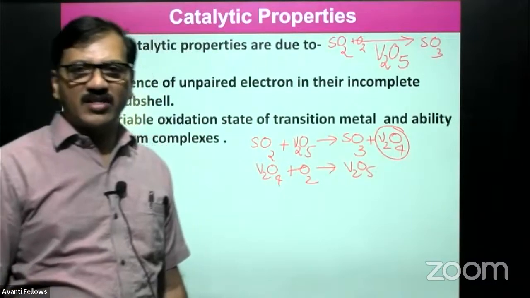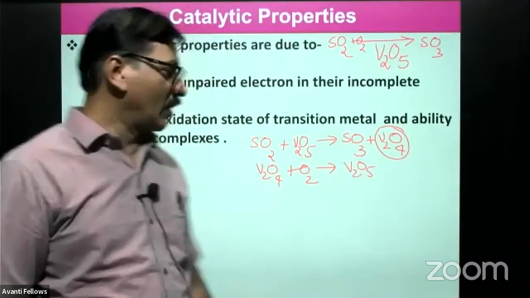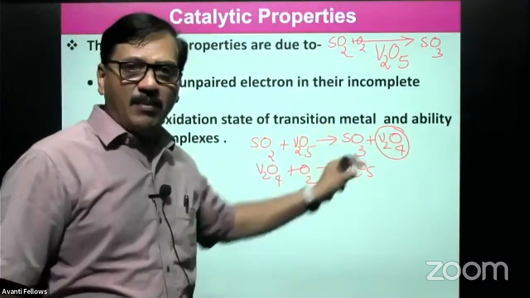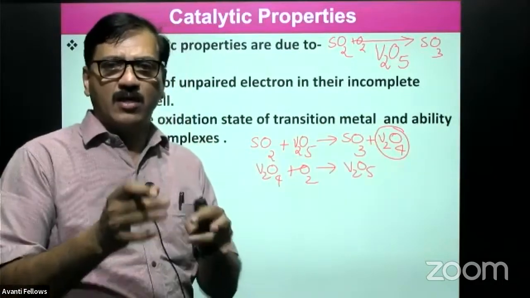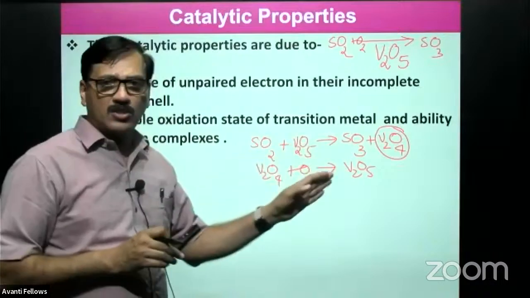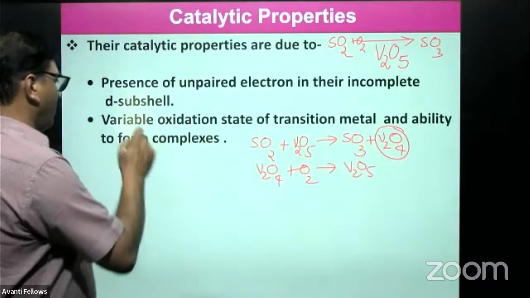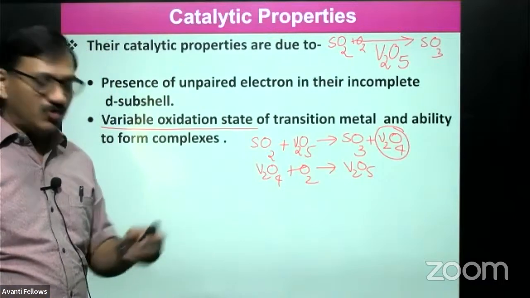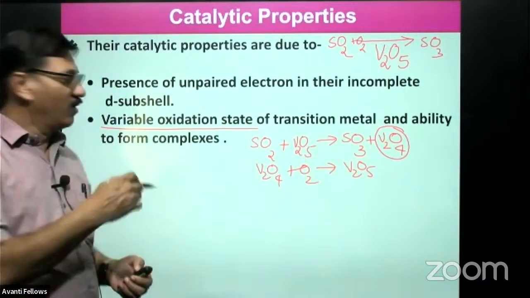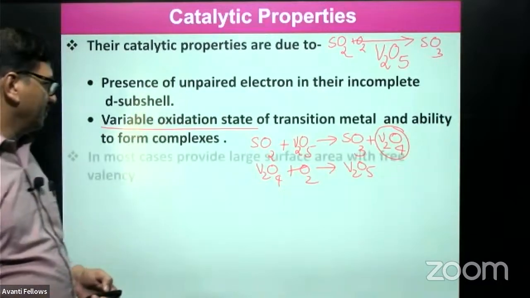So the catalyst is regenerated in the process. Therefore, the variability of the oxidation state makes this conversion easily possible. So variable oxidation state is also one of the reasons why transition element compounds can be used as catalysts, right?